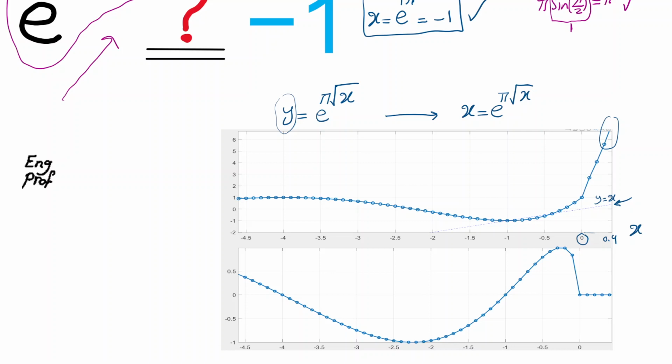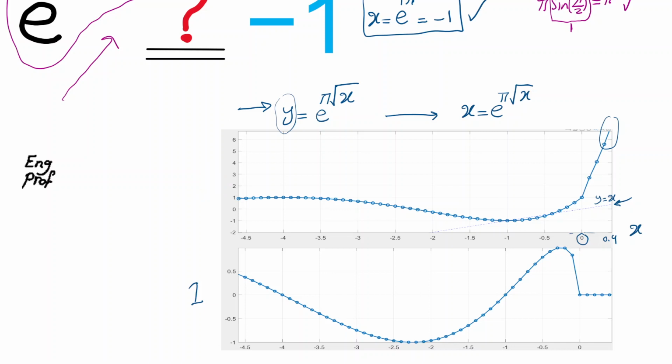So when we have negative values of x applied to this expression under the root, we get, as a result, a complex number in the exponent. And as a result, y, the outcome, is not a real number, it's a complex number. As you can see, there is a real part and an imaginary part.